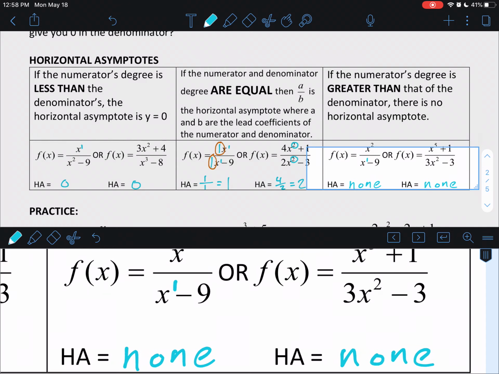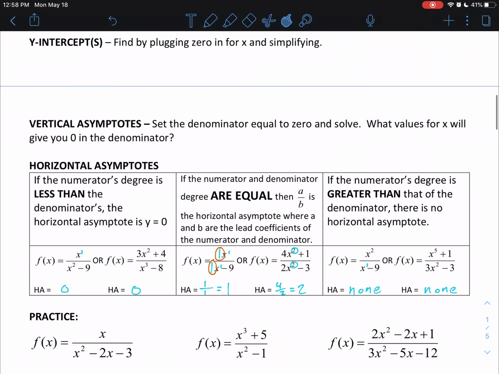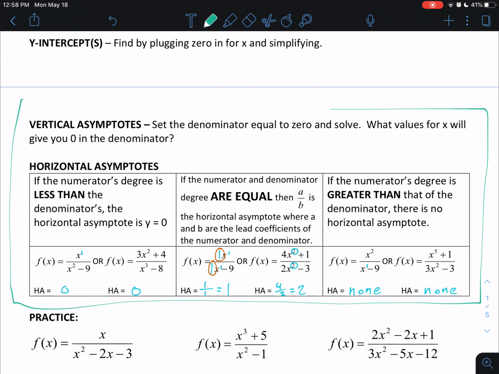Personally, I'll make it green. This part right here is super important. So the vertical asymptotes and the horizontal asymptotes, you're going to want to know how to find these, because these are going to help you with the domain and the range of these inverse functions that we're going to see later.